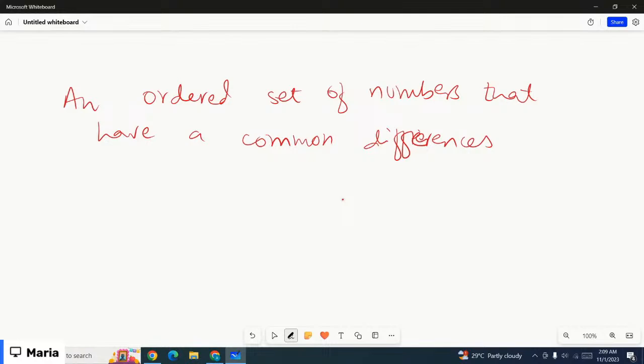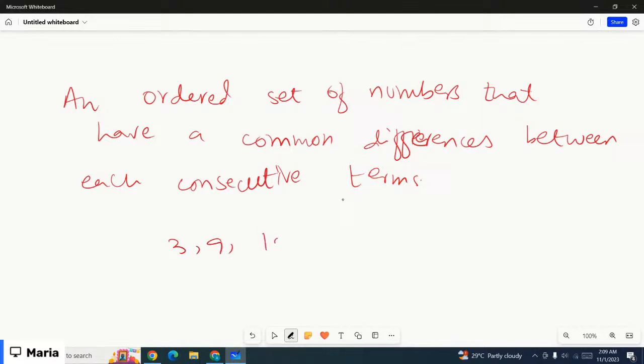Common differences between each consecutive terms. They are like this: 3, 9, 15, 21, 27.